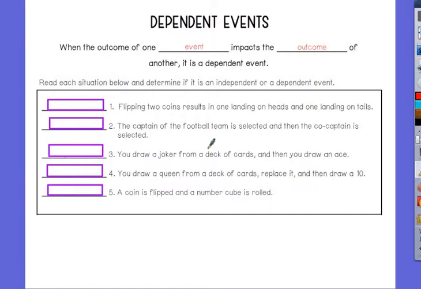And someone will either holler heads or tails, right? By them hollering the name, is that going to affect what the coin lands on? No. The coin is going to land on whatever it's going to land on. We can't change that. So is the coins flipping going to be independent or dependent? Independent. We can't change it.